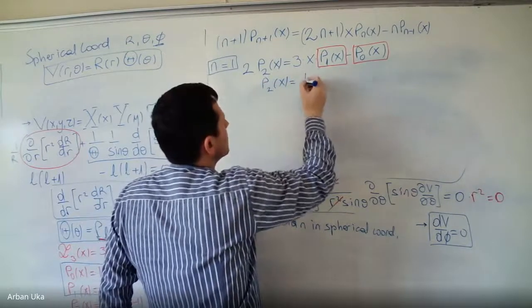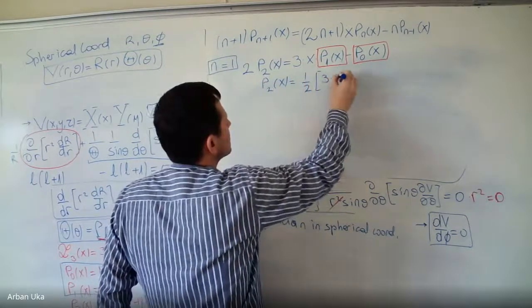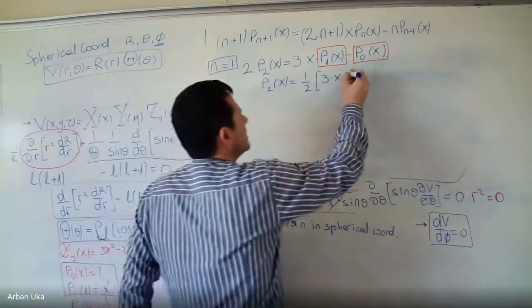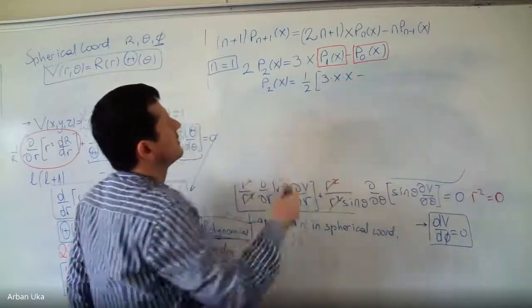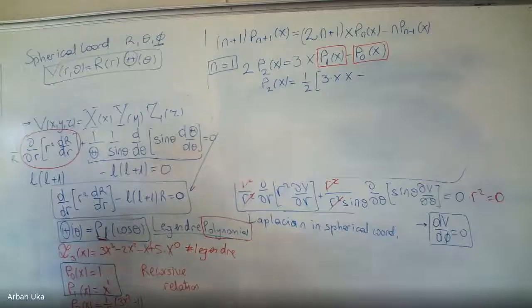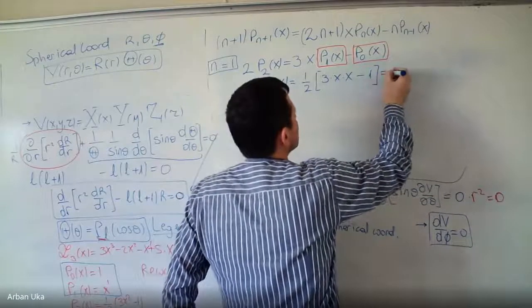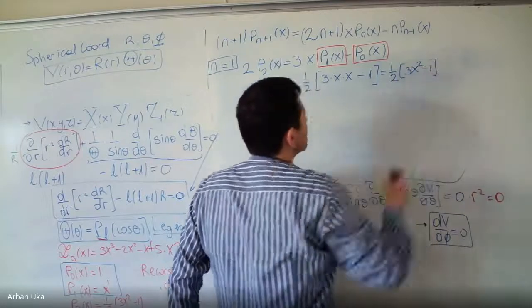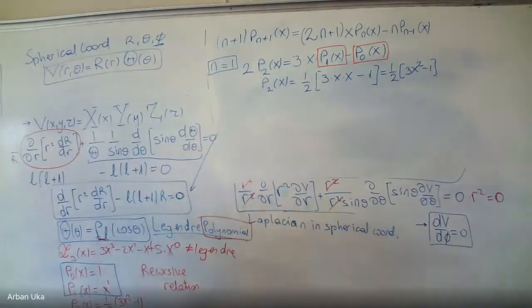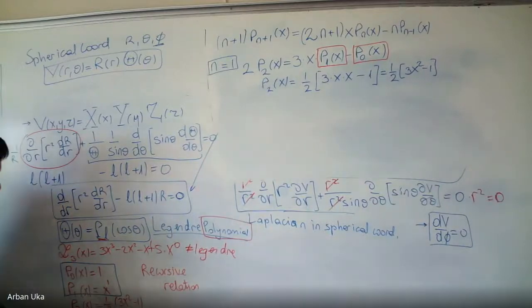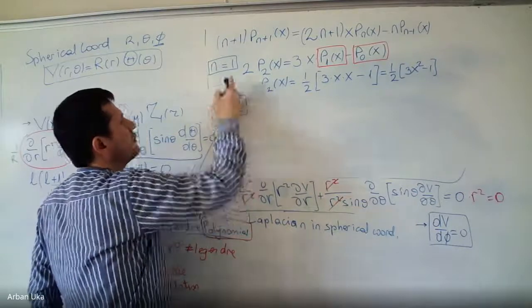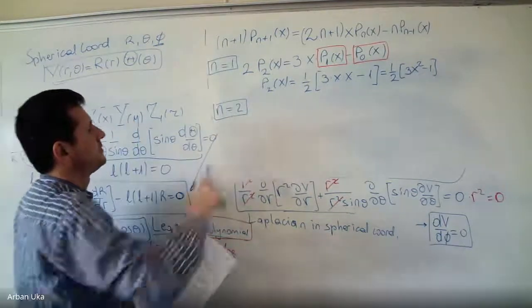So this is 1 over 2 times 3 times x times P_1(x), which is x, minus 1. So this is equal to 1 over 2, 3x squared minus 1. So this is the polynomial of second order Legendre type, and we confirm it is the one that we wrote before, right? So again, help me again. Let's substitute n equal to 2. If we substitute n equal to 2, can you read it?